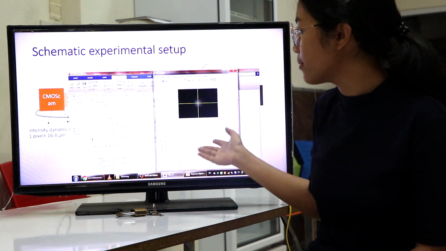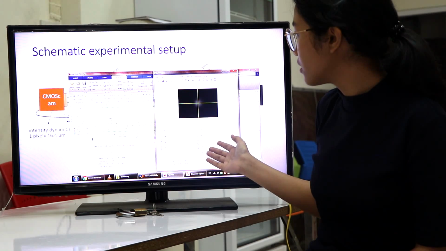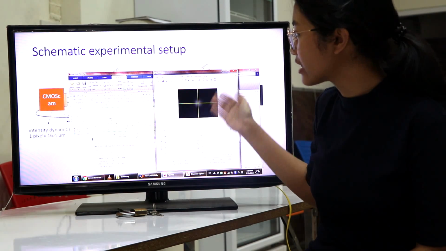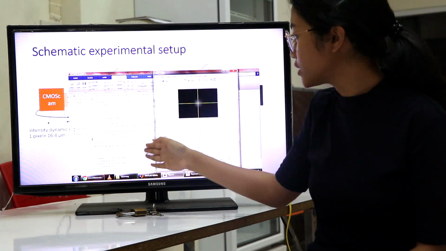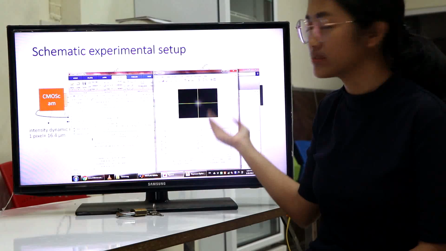And this is an example of the beam picture that can be detected by my camera, and I use MATLAB to analyze the beam size.